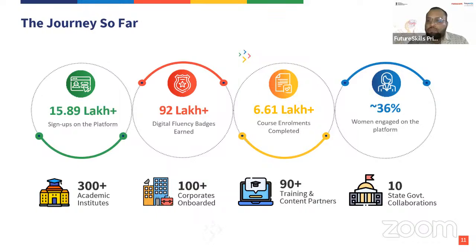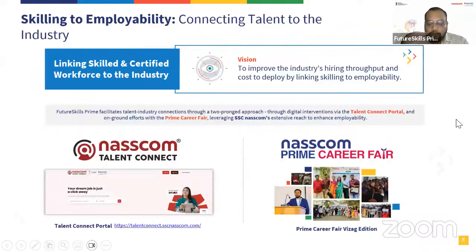And 36% of them have been women who have shown their interest in this platform and have taken up a lot of courses. Especially, we target communities which are under-recognized, like women back to workforce. That is something we also target during these programs that we offer.